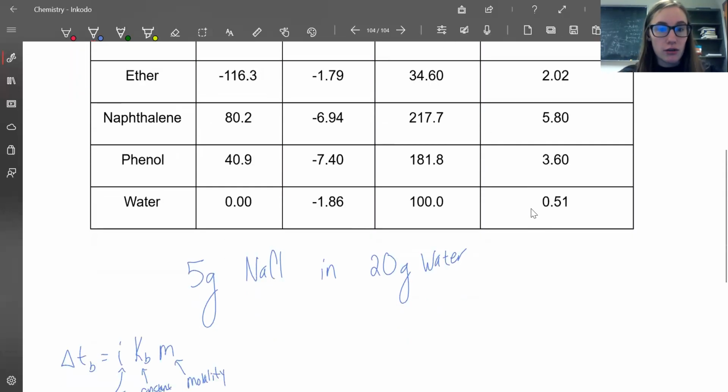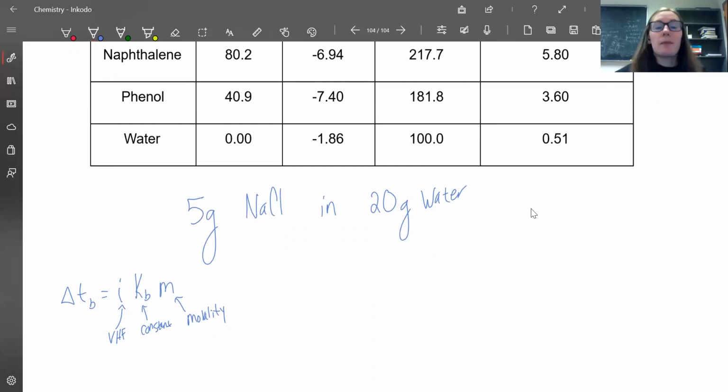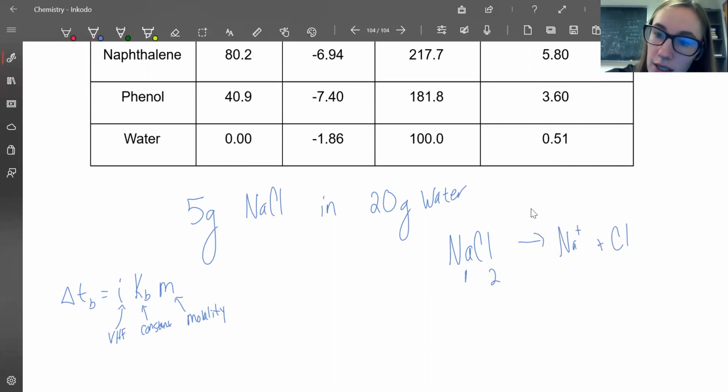So first thing, let's go ahead and find that Van 't Hoff factor. We're working with NaCl. So how many things can NaCl break into? I'm counting 1, 2, right? Na+ and Cl-.